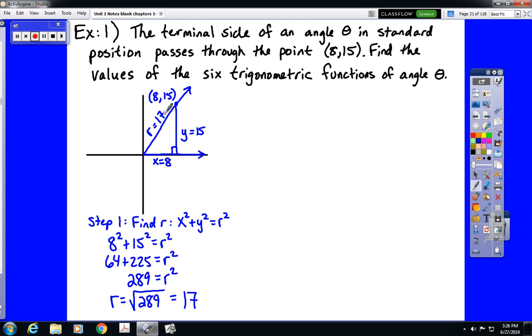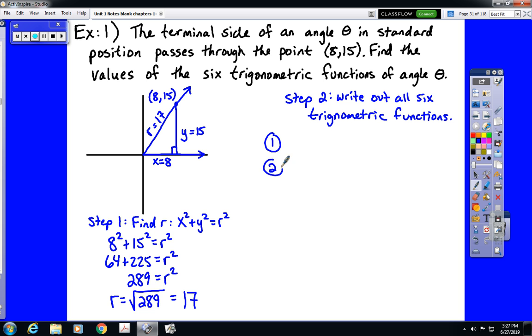Now once we know what r is, our second step is to write out the values of all 6 trigonometric functions. Okay? So here we go. We have 6 of them.